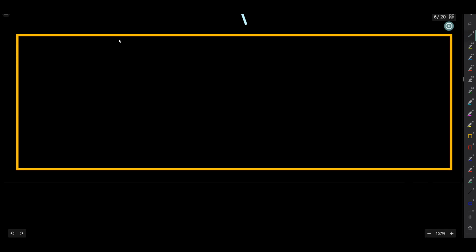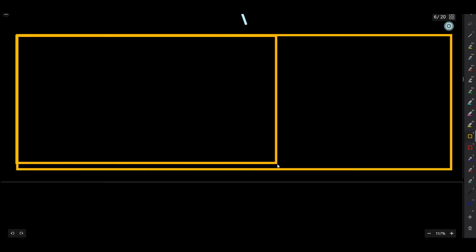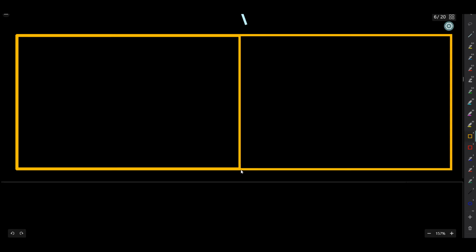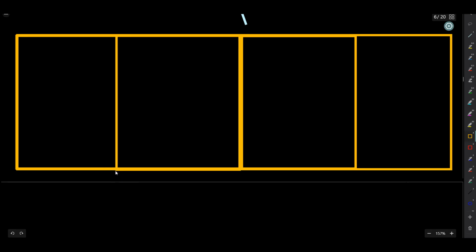I'm going to create a box, and then we are going to label it with 4 cases. So case 1, very simple. I have a surface.